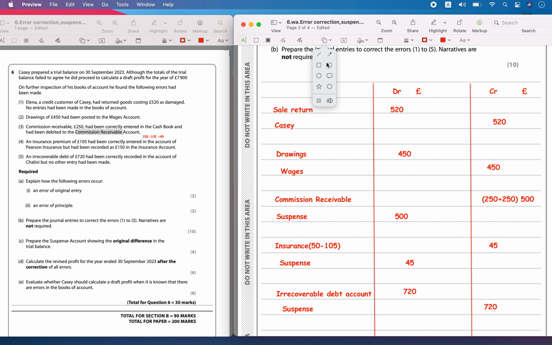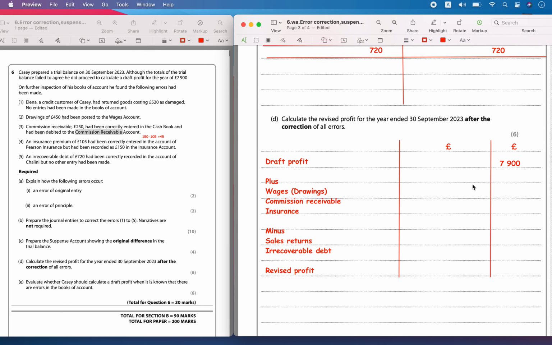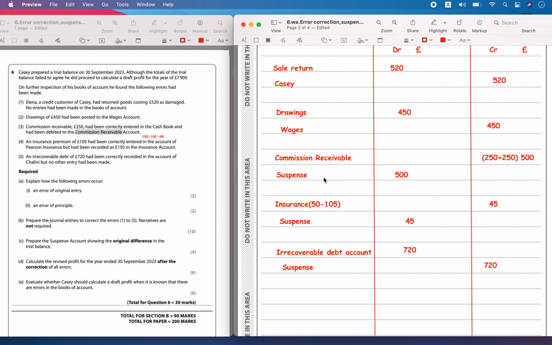So let's write what is the increase in expenses. We can see that wages, there is a decrease in expense by 450. So let's write here, decrease in wages. Drawings are not going to affect the profit.